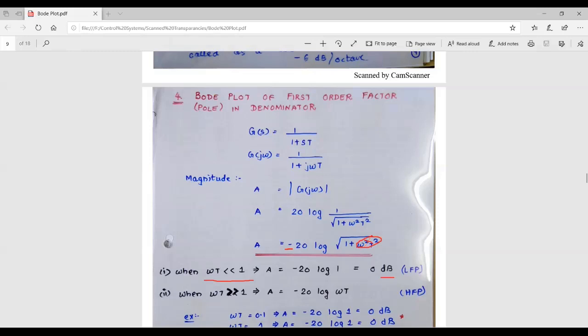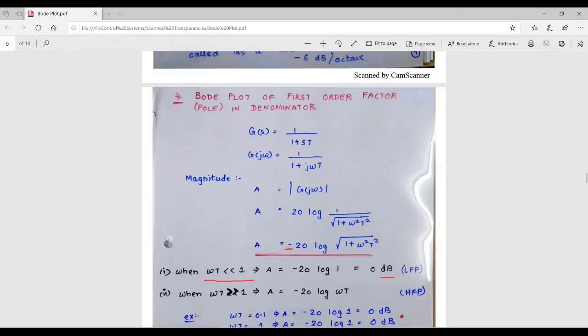Okay, now suppose you have omega t greater than 1. Now, if you have omega t greater than 1, what are you going to have? These are the square terms.